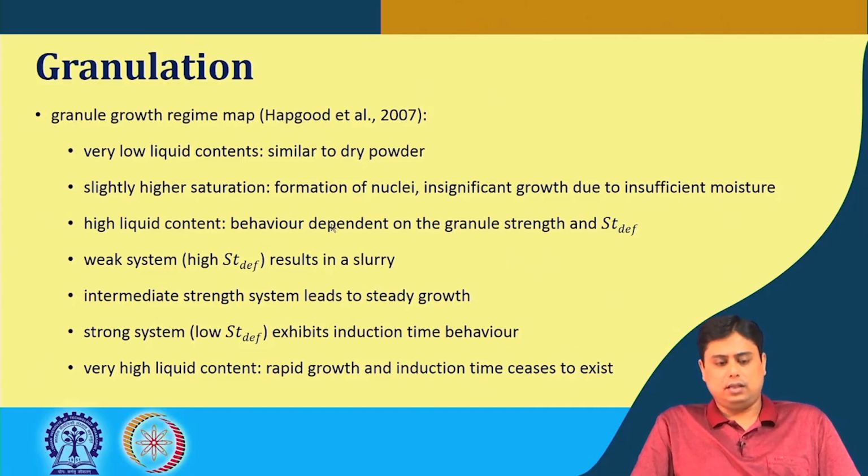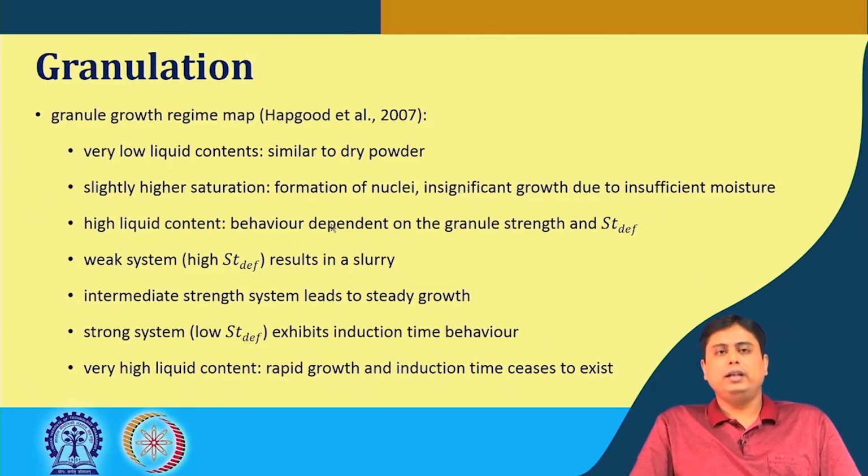So, a weak system, which means high Stokes deformation number, results in a slurry. The intermediate strength system leads to steady growth. At low Stokes deformation number, that means when the system is very strong, it exhibits the induction growth behavior or induction time behavior.